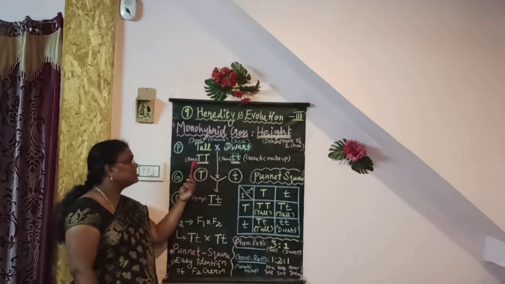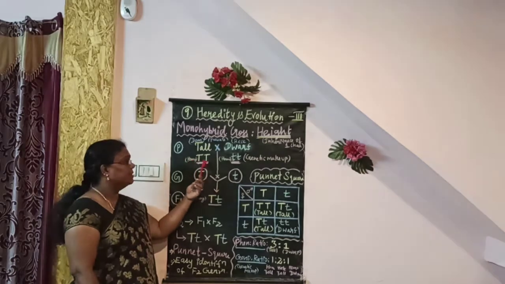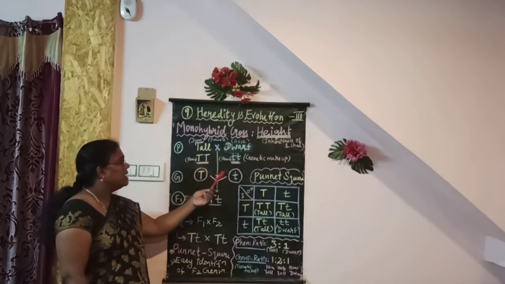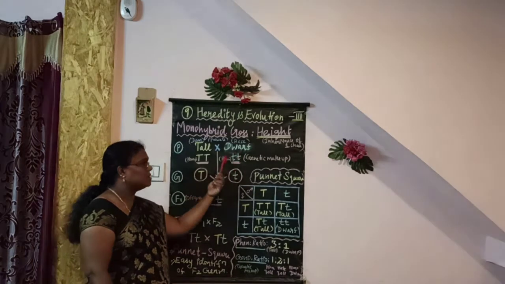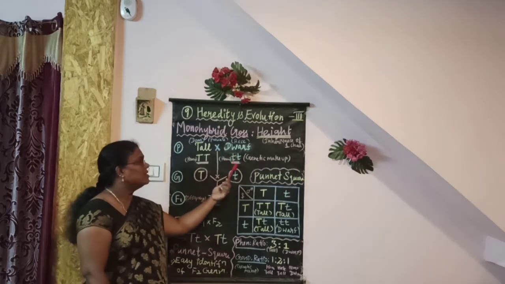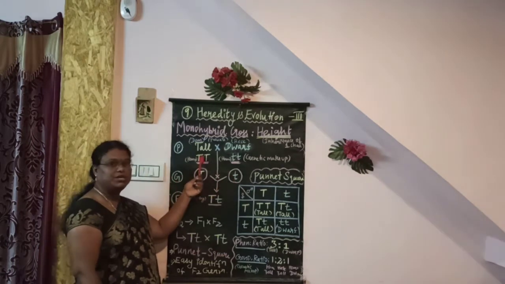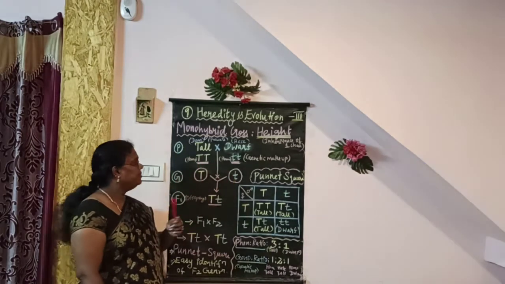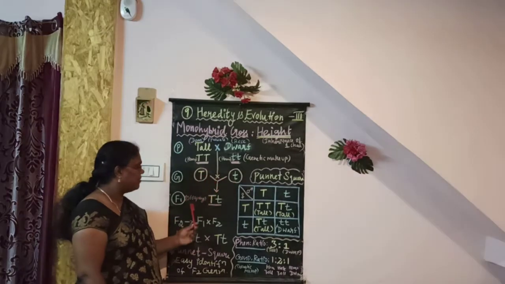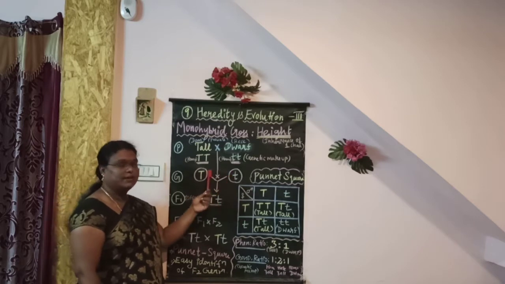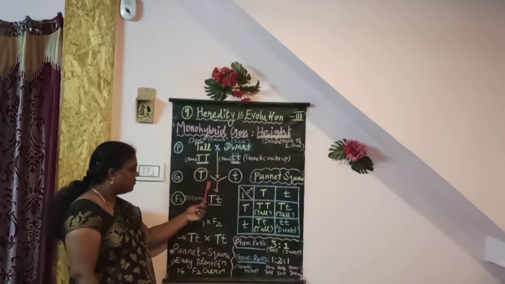Because this is the same trait, we can take one. And here both are small t, homozygous, so we can consider one small t. So the gametes are capital T and small t. And these are crossed in the F1 generation.